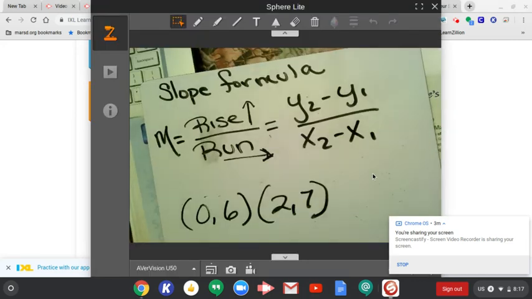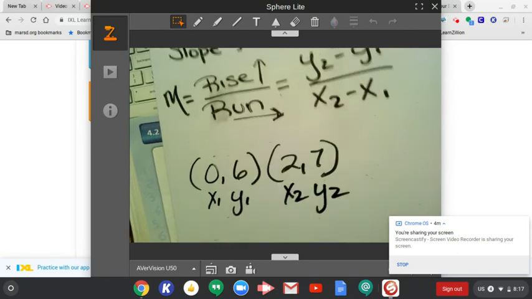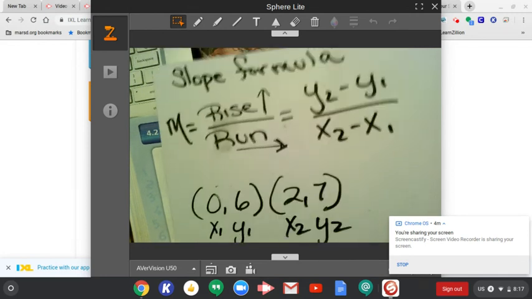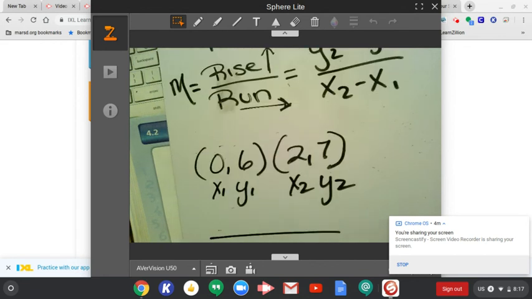Okay. So now I am going to just simply plug this in. So I'm going to do x1, y1, x2, y2, and we are going to find slope. I'm using my formula, y2 minus y1 over x2 minus x1, finding the rate of change.